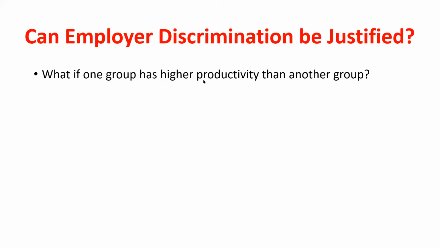So what if we have one group that has higher productivity than another group? I always think a good example, because we always think about racism as generally flowing one direction, but just like with the referee paper, we can see intra-race discrimination going on in several different directions.